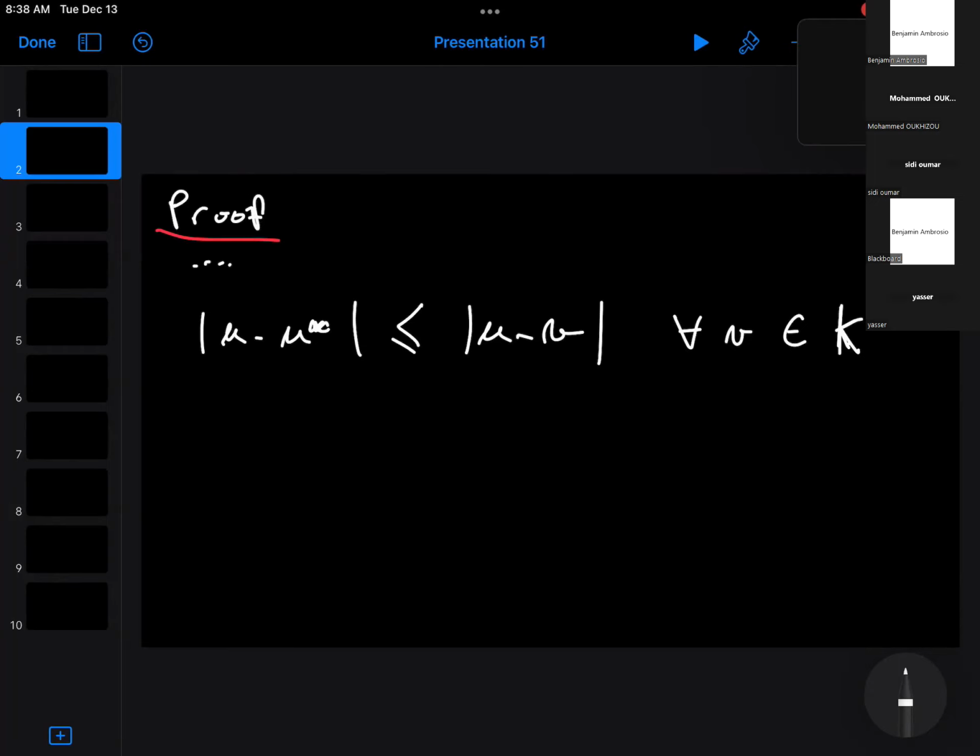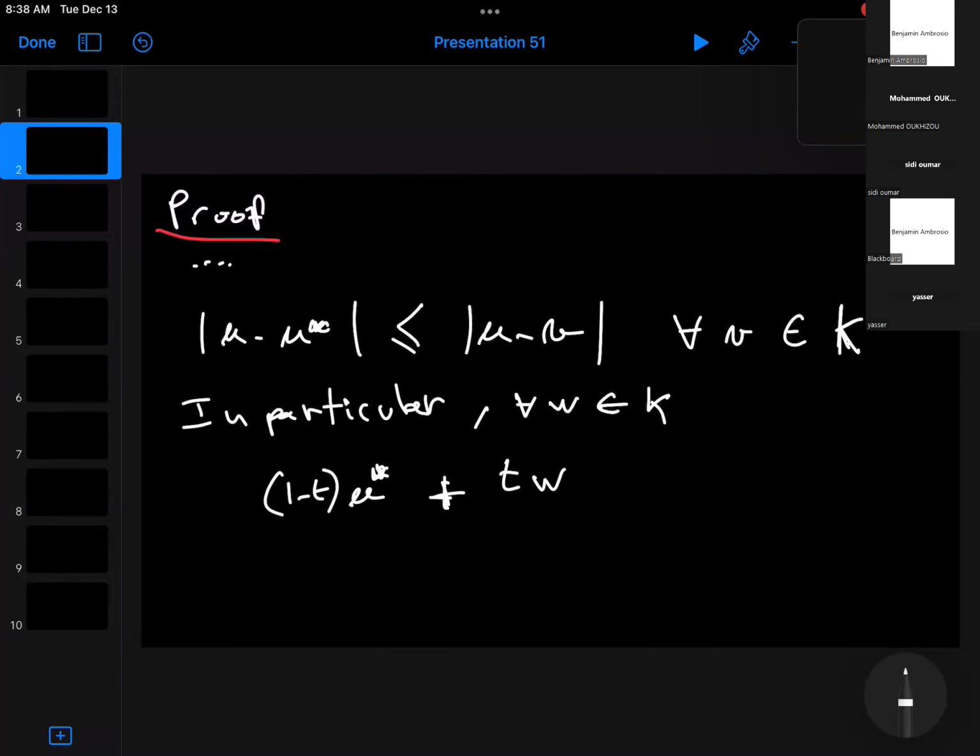So let's assume that U star belongs to K. If I choose some convex combination between U star and W, this belongs to K, because K is convex.